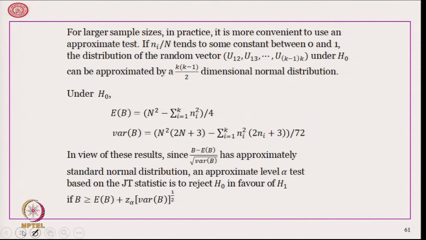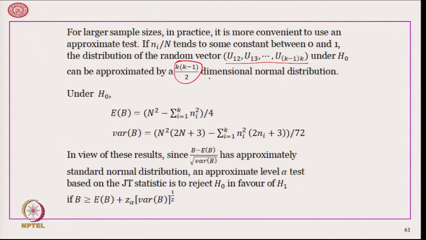If Ni by capital N tends to be some constant between 0 and 1, the distribution of the random vector U12, U13, up to U(k-1),k under H0 can be approximated by a k into (k minus 1) by 2 dimensional normal distribution.